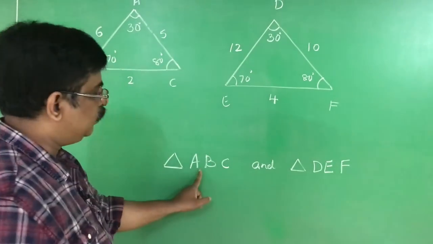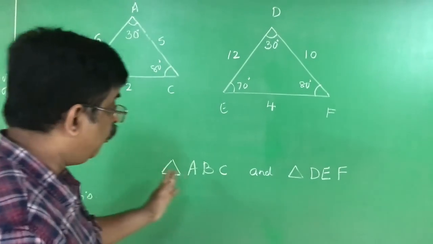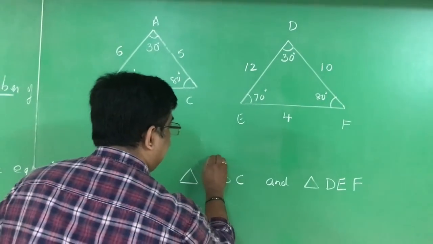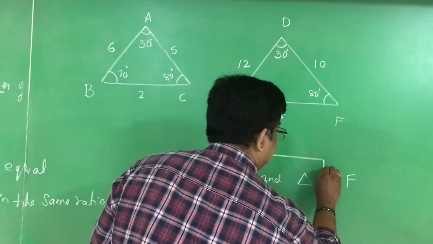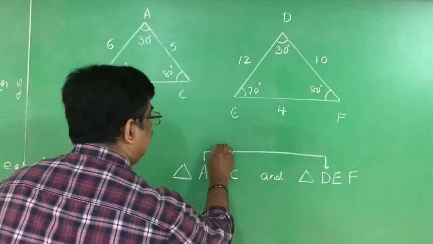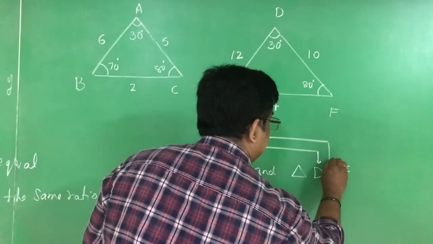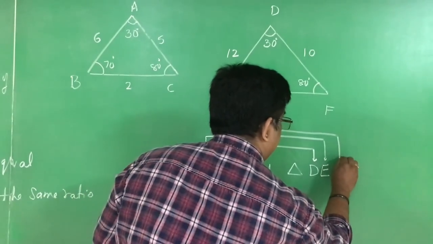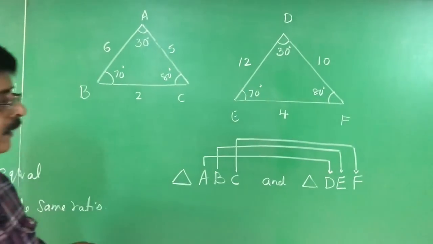Therefore, these two triangles are written according to their corresponding angles. Angle A corresponds to angle D. Angle B corresponds to angle E. Angle C corresponds to angle F. Right?